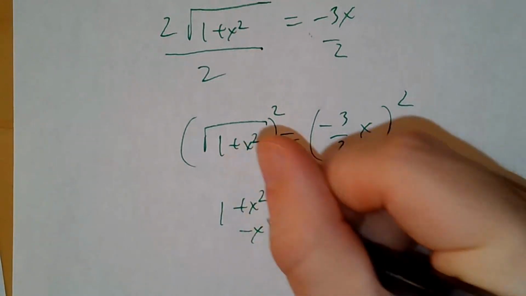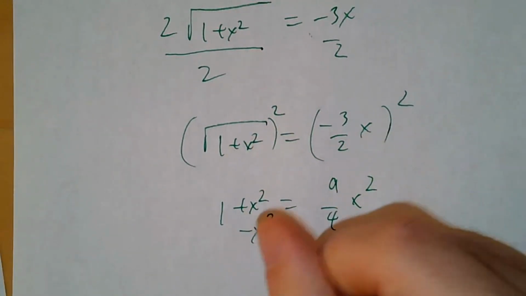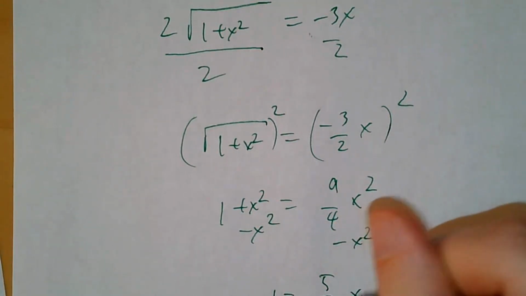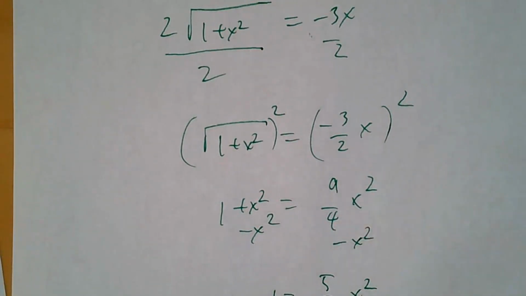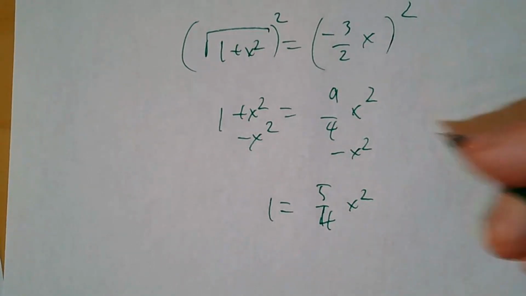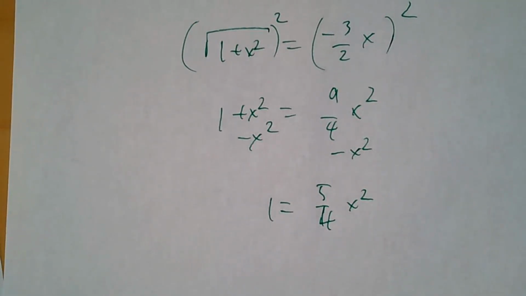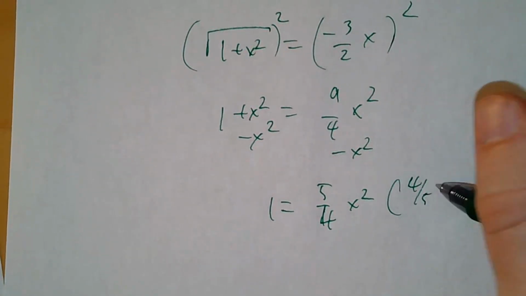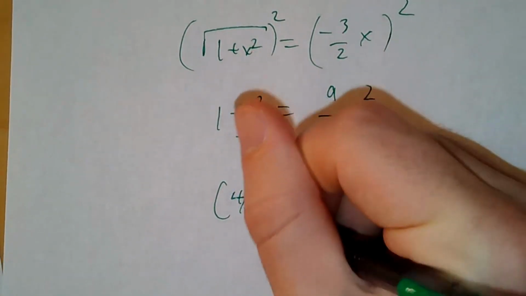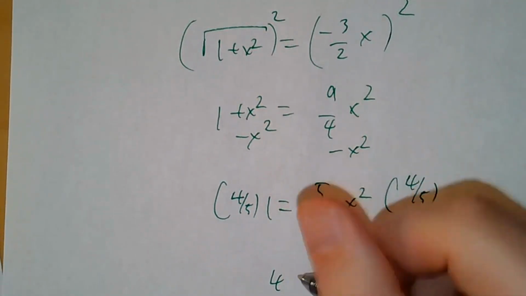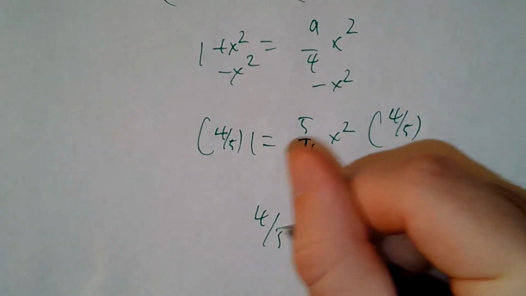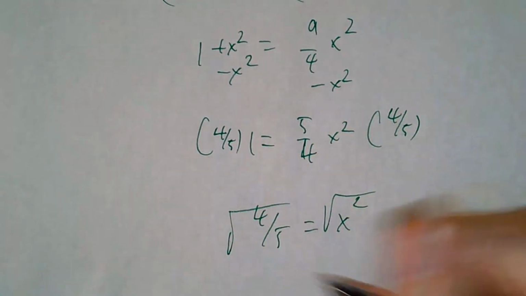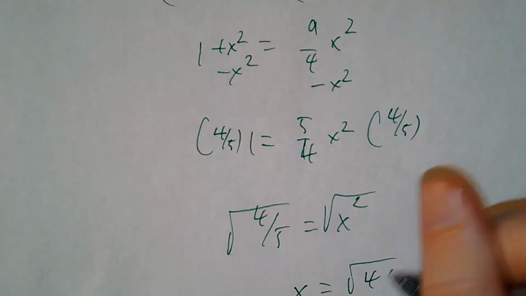Then I'm going to move my x squared onto one side. I'll get 1 equals 5 over 4 x squared, because that's basically 9 over 4 minus 4 over 4 x squared. Then we multiply by the reciprocal, 4/5, so that 4/5 equals x squared. Square root, so x equals the square root of 4/5.